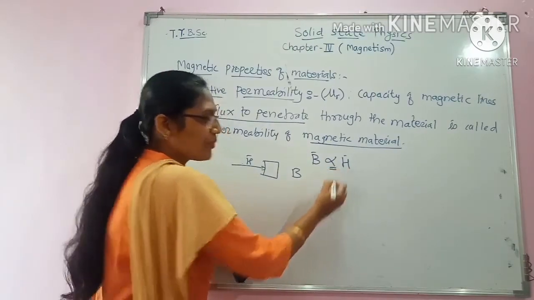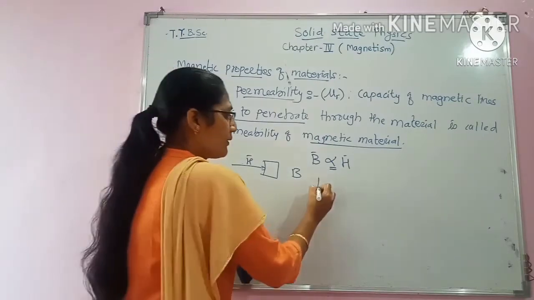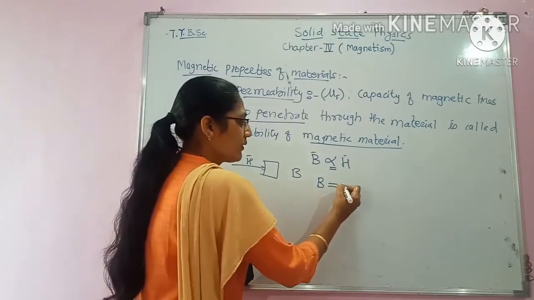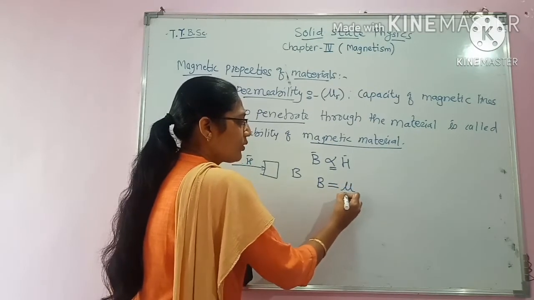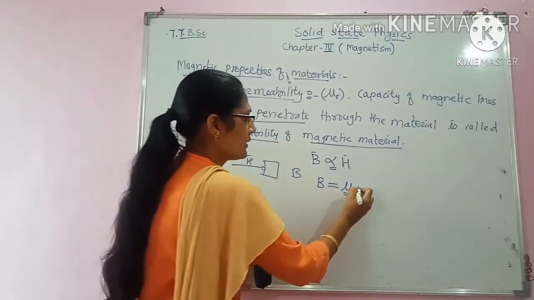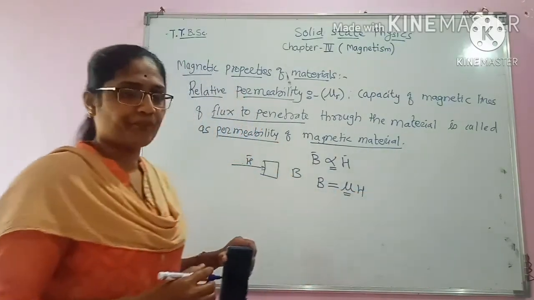If we replace the proportionality sign by an equality sign, then a constant comes in, and that constant is nothing but permeability.